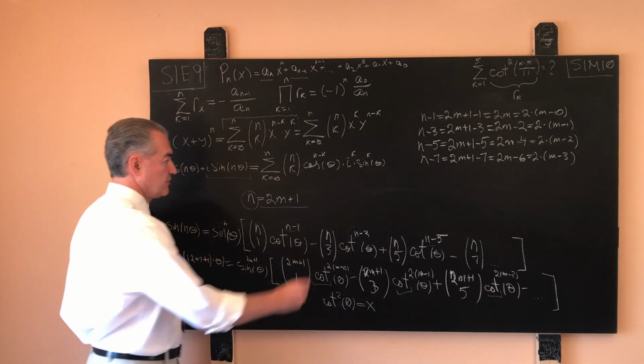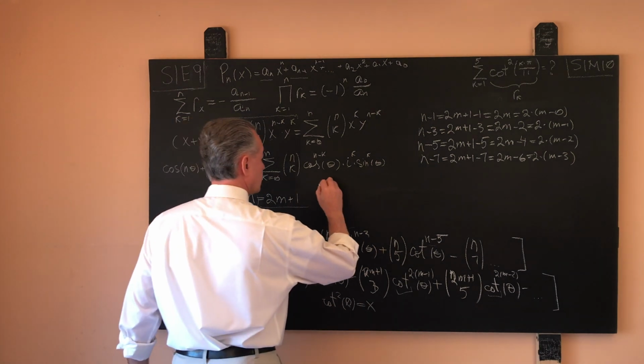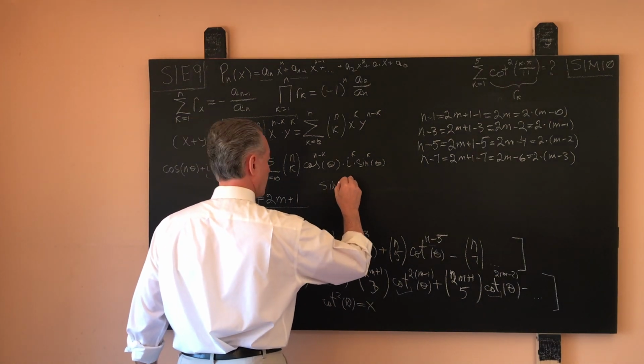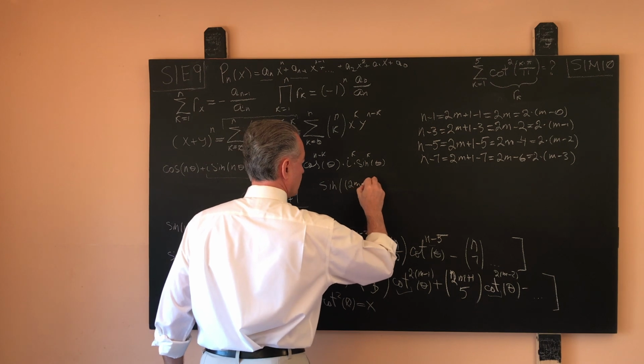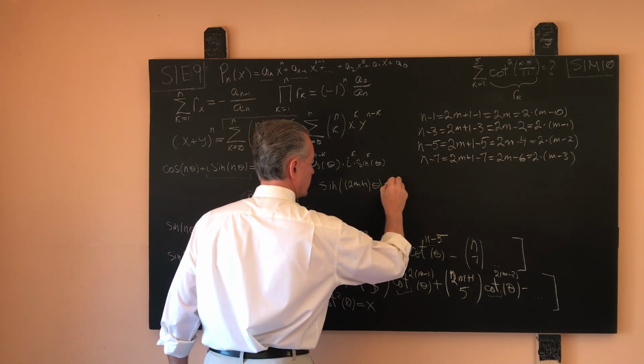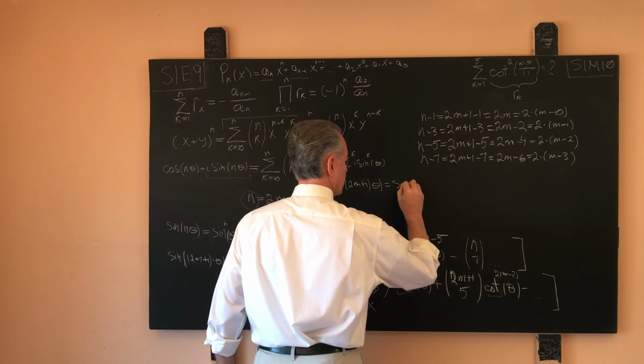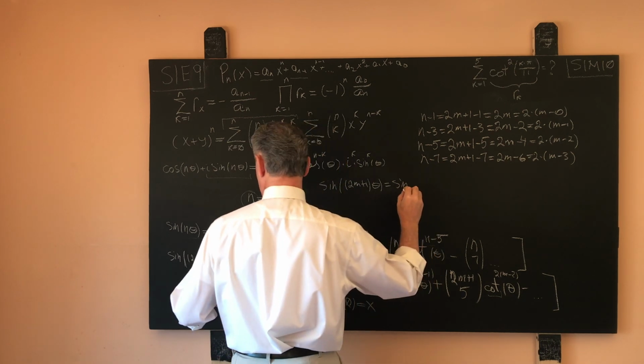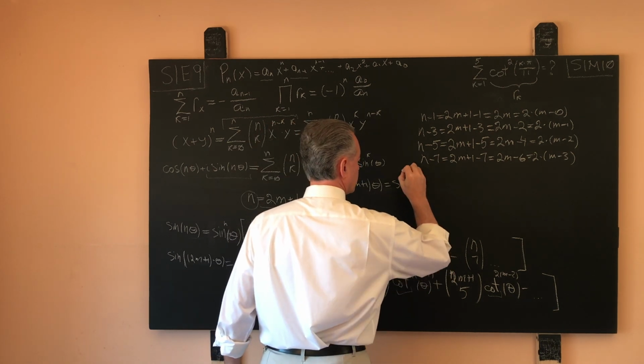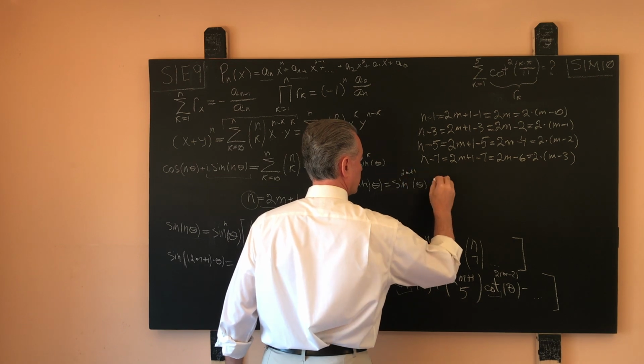Well, we will have sine of 2m plus 1 theta equals sine of theta raised to the power 2m plus 1.